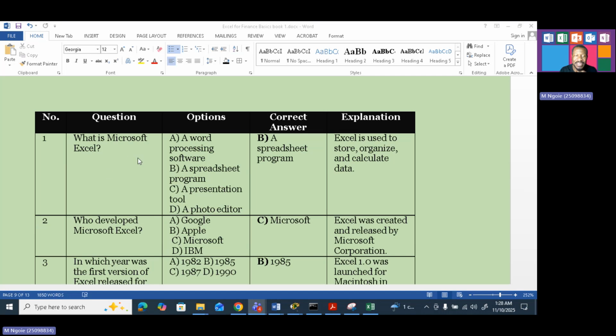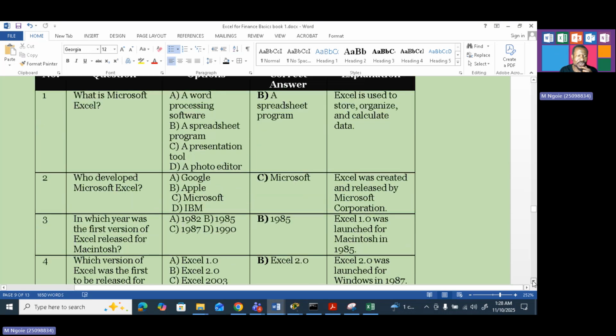Question number one, what is Microsoft Excel? Those are the possible answers or options. A is word processing, B a spreadsheet, C a presentation, D a photo editor. Microsoft Excel is a spreadsheet program, right?